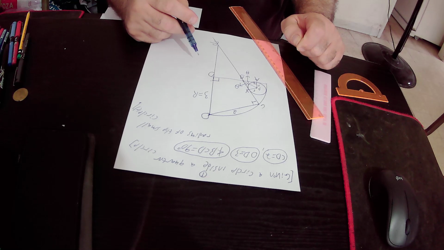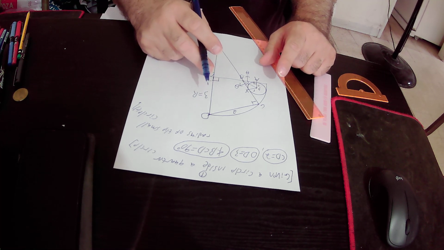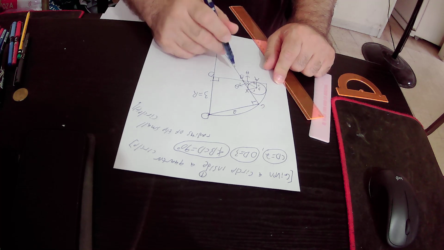So by extending those two line segments, we created two vertical angles.